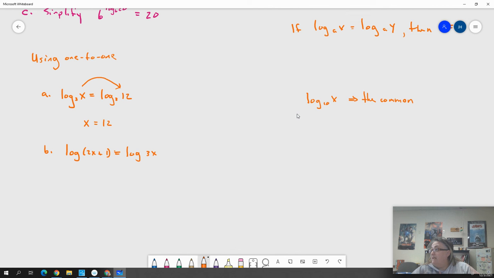So it's written as just log of whatever. So log of x or whatever, right? We just don't write the base when the base is 10. But it solves the same way because this is saying that this has a base of 10 and this has a base of 10. We just don't write it.